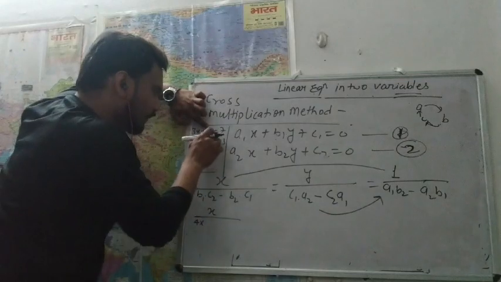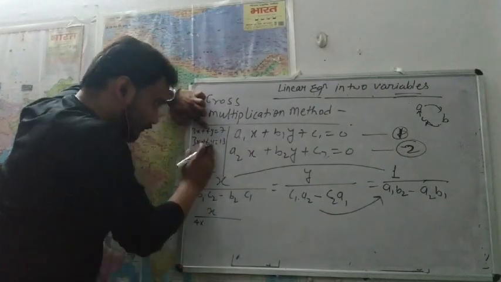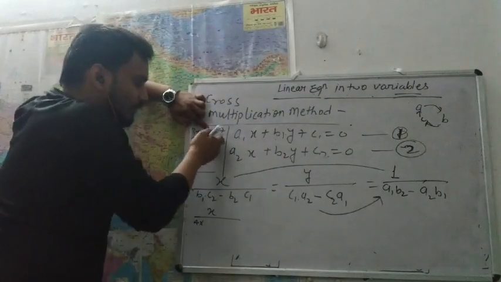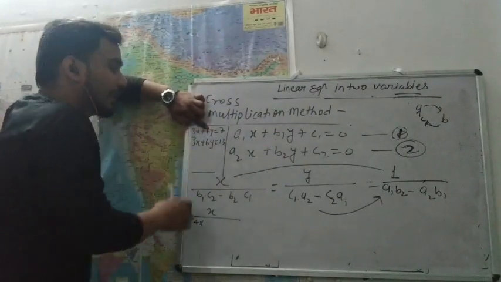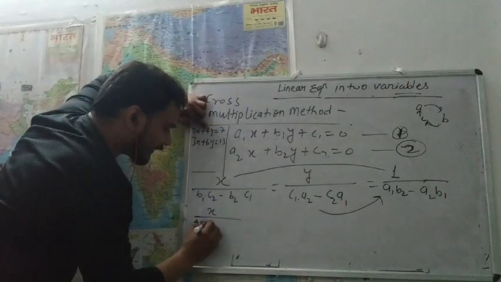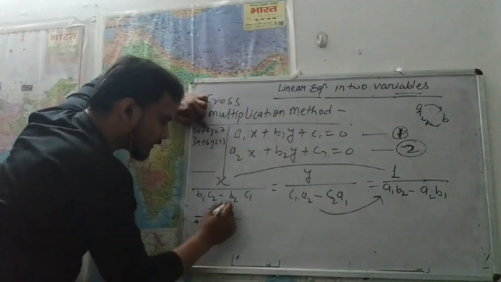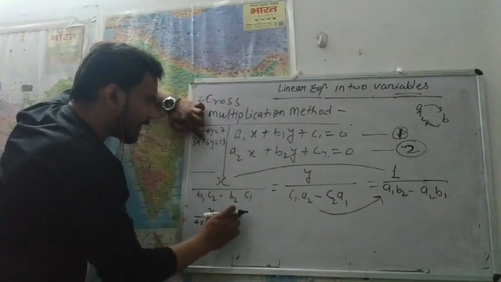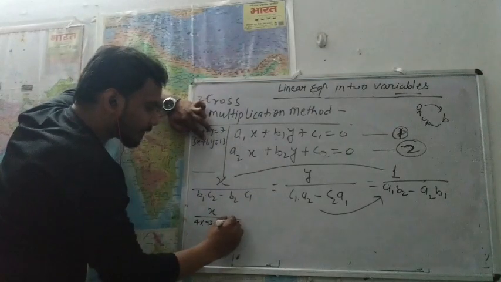What is c2? That is minus 13, since it is on the right side of the equation, so we have to put it back on the left side. So 4 into minus 13 minus b2 c1. b2 is 6 multiplied by c1, which is minus 7.